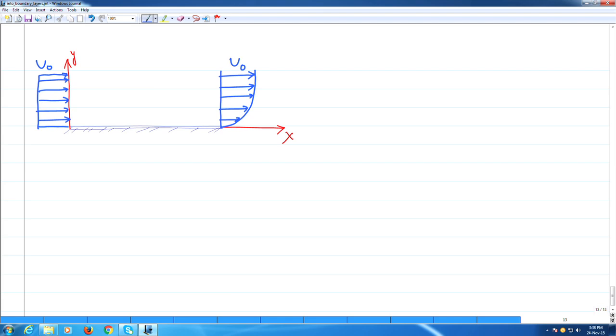And of course we have the boundary layer. So say the boundary layer is something like this.